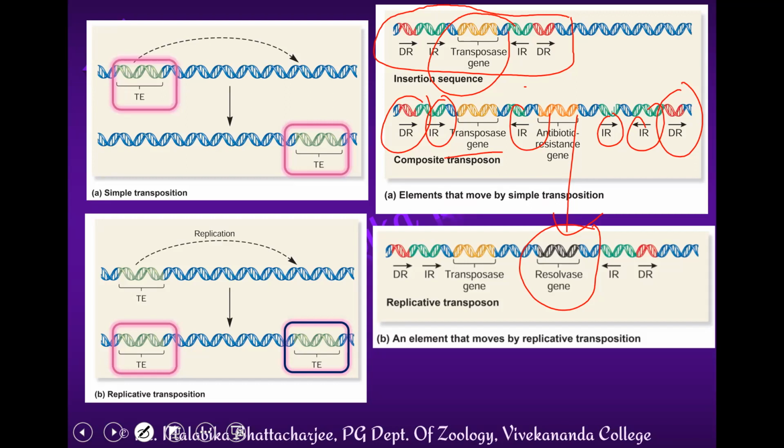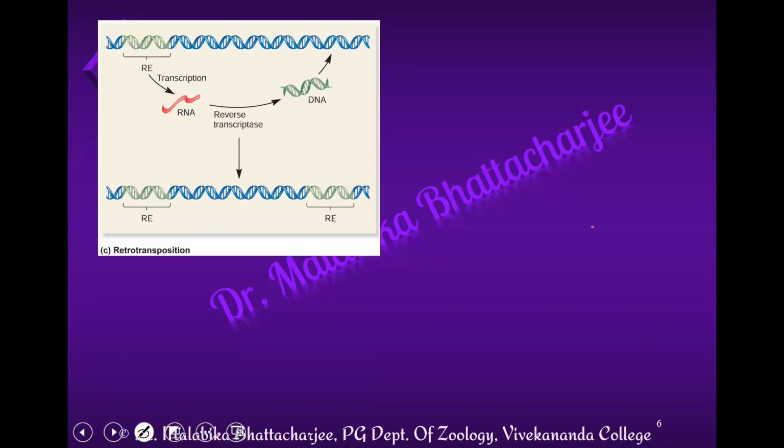Next, the third category which I told you was retrotransposition. Now, retro elements, as you can see, have an RNA intermediate, and the RNA then makes a DNA copy by the enzyme reverse transcriptase, and then the DNA is integrated into the new position.